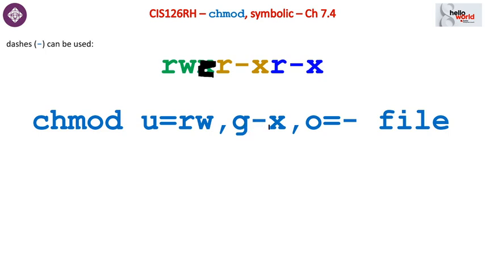This says G minus X. That means we're going to turn the group type, the group owner, turn off X. So we expect this one to get wiped out. This one says others equal dash, which I could put a single dash, or I could put all three dashes. And so we expect this to become dash, dash, dash. And there you go.